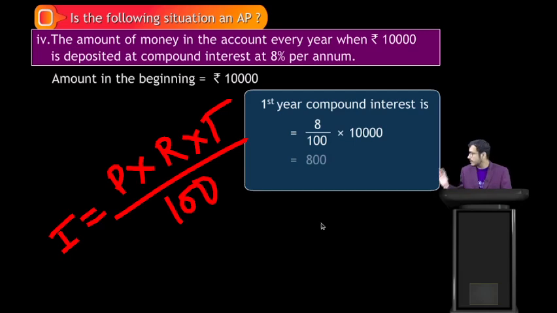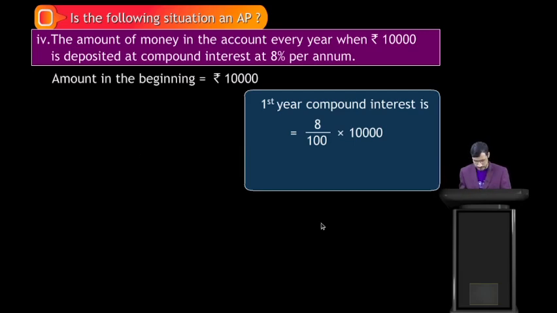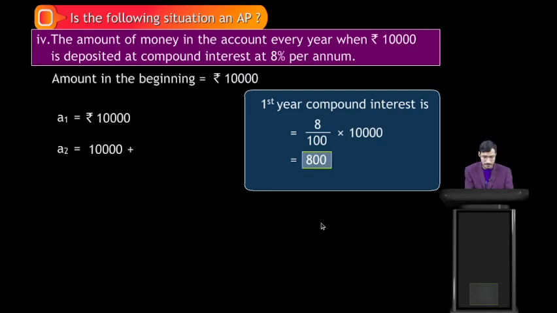So 8 by 100 into 10,000. The zeros cancel out, so we get 800 in the first year. So a2 is 800.